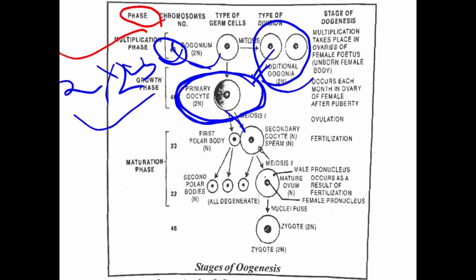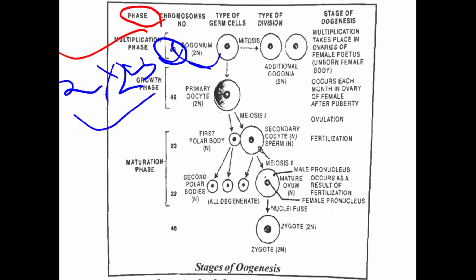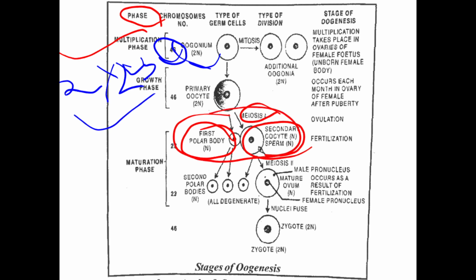The primary oocyte undergoes meiosis 1, that is a reductional division, to form the secondary oocyte and a polar body. One is larger, one is smaller. The smaller one is called the polar body and the larger one is called the secondary oocyte. Again these two undergo the second maturation division.